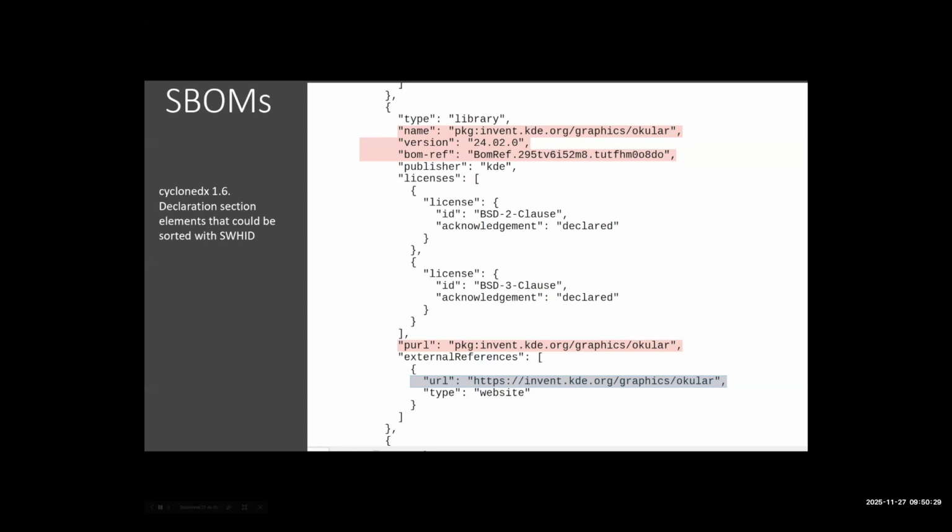You can also point to a place, not just Software Heritage, but even a different place. So that means you can provide a set of software hash IDs and point to where you have all the information stored.